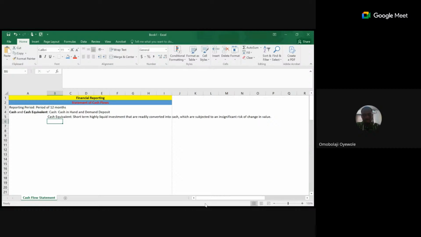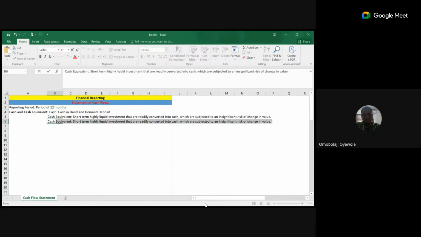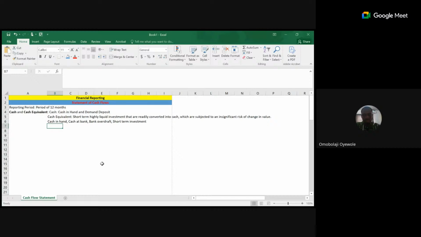So we're talking about cash and cash equivalent. Examples: we are going to be talking about cash in hand, cash at bank, bank overdrafts, and short-term investments. So these are examples of what?